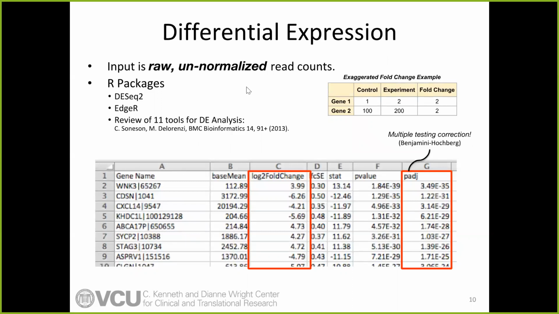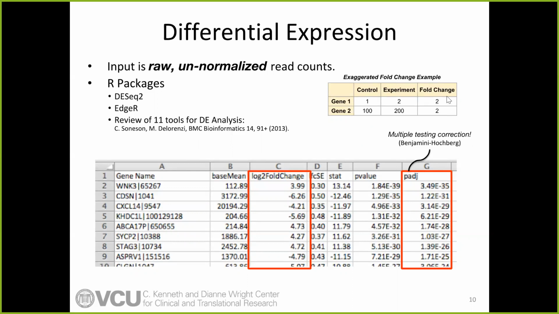So 2 packages that I've used are DESeq2 and EdgeR. I prefer to use the DESeq2 package because it controls for exaggerated fold changes due to low read counts. For example, this is just a small table I have here.